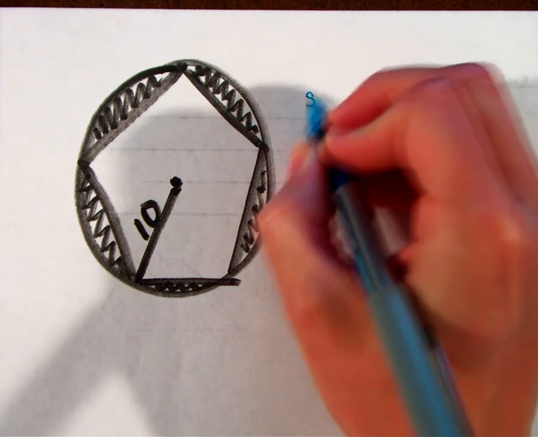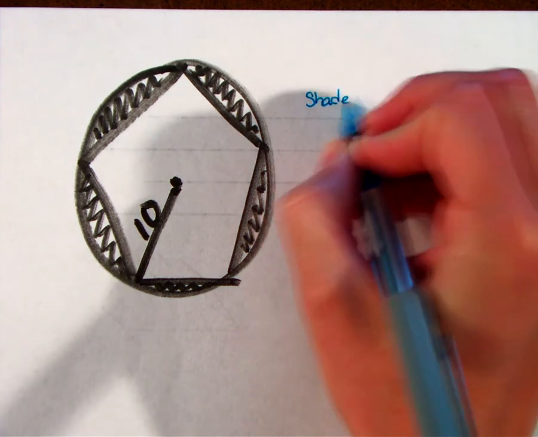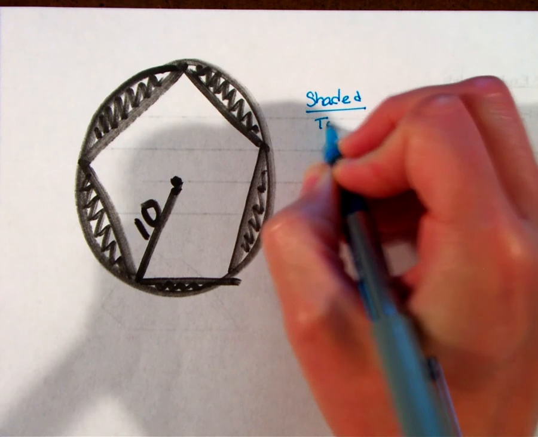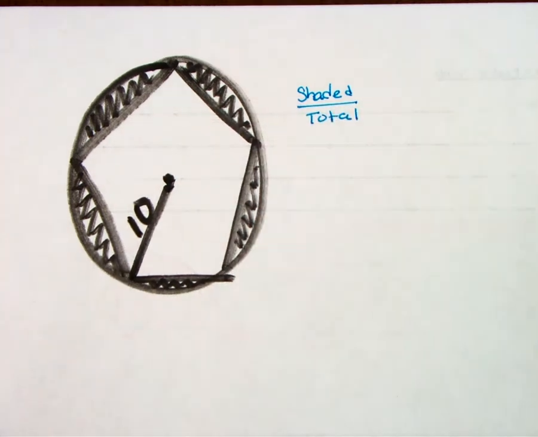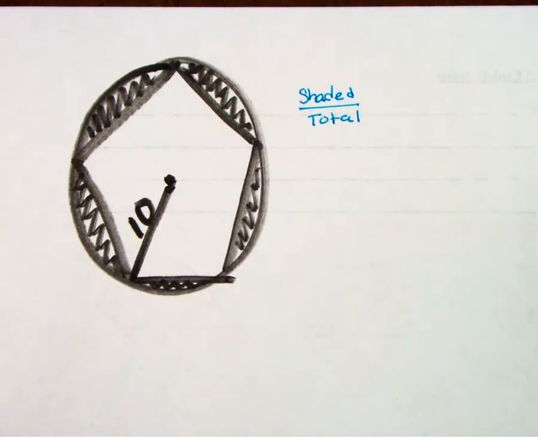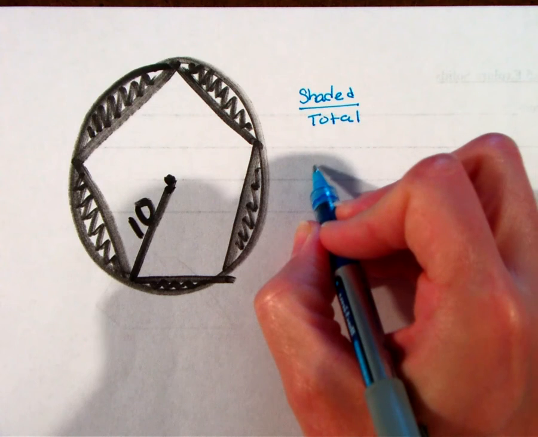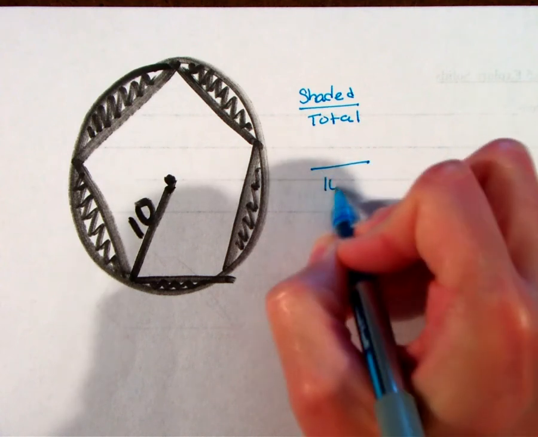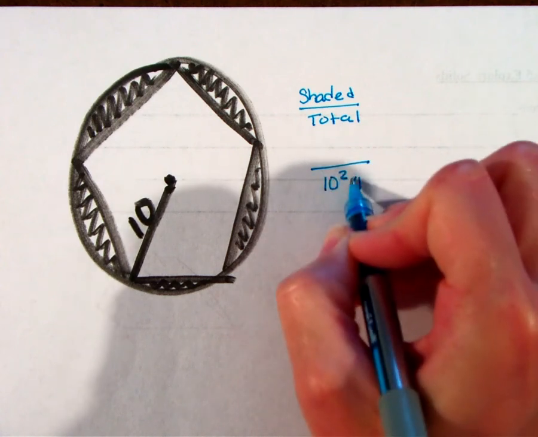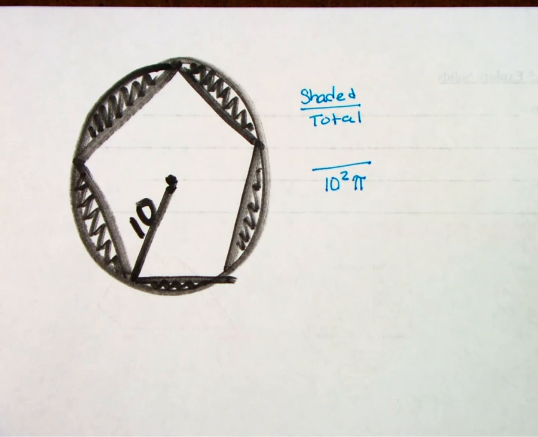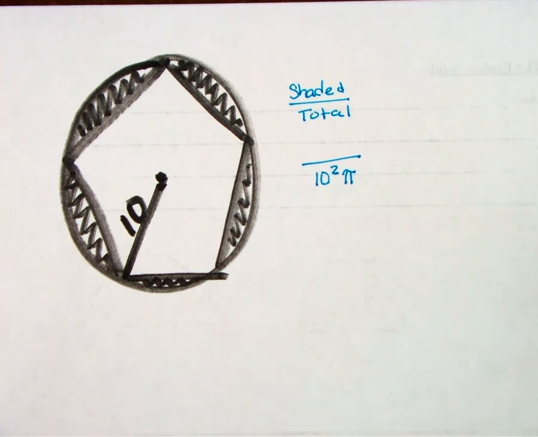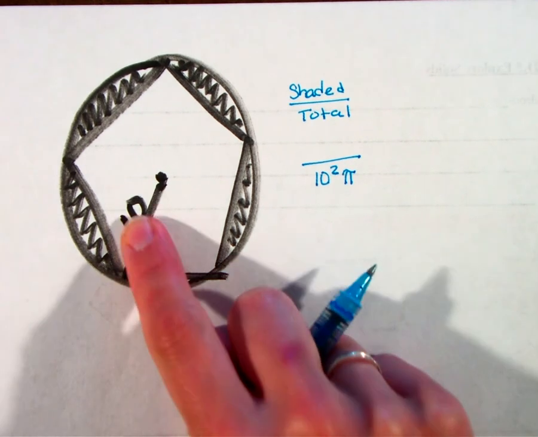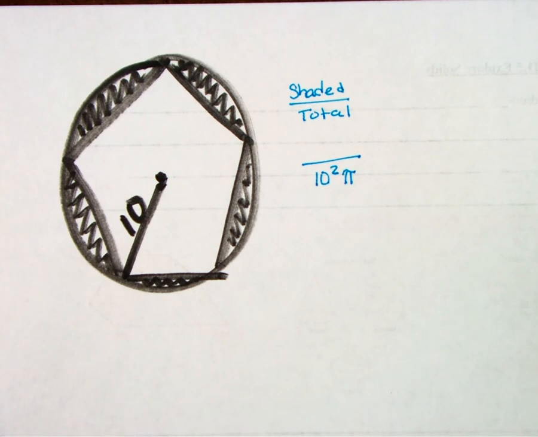Okay. So again, we're doing the shaded over the total. So the total is 10 squared pi. Circles are always radius squared pi, 10 squared pi.